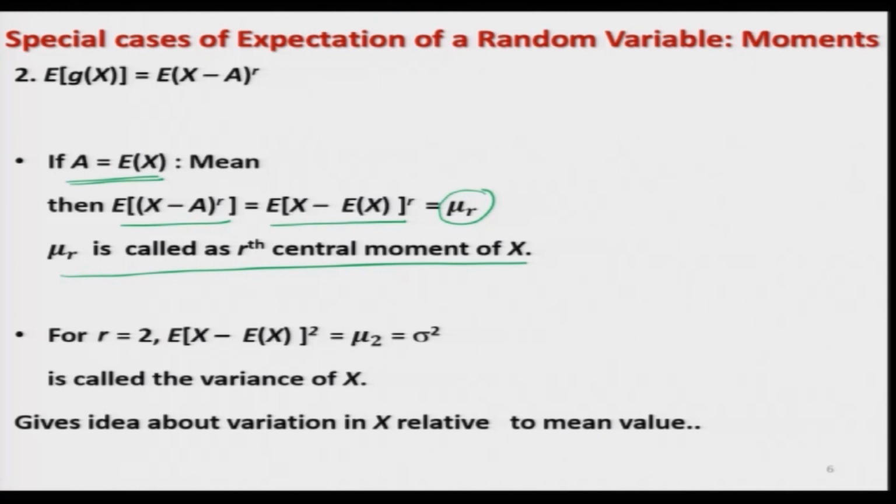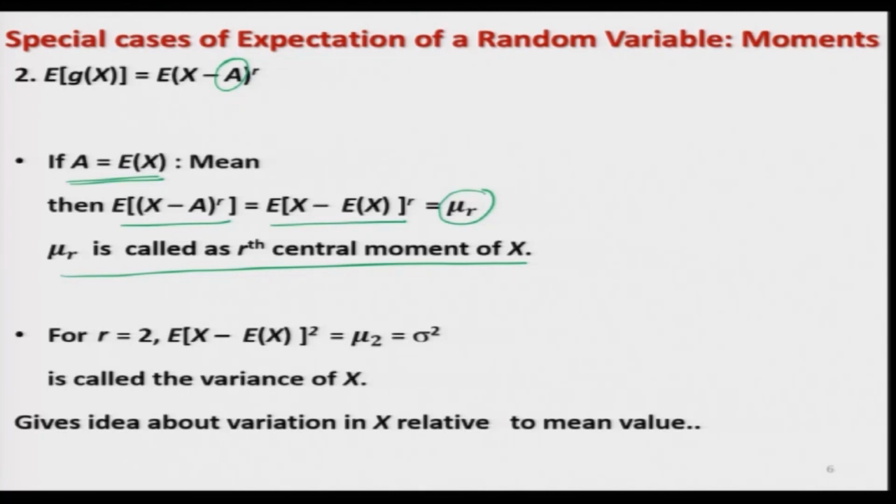Earlier you defined it about any point A, now you are trying to define it about the mean of the distribution, and this has some nice functions which are very useful in finding the information hidden inside the data.